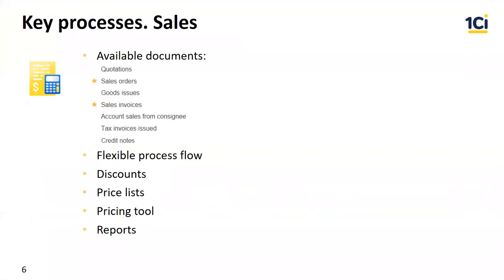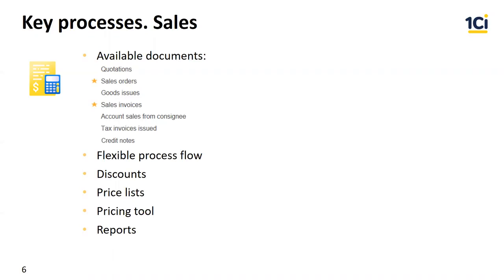Here we see the list of documents that we can use. Those are quotations, sales orders, goods issues to dispatch goods, sales invoices, account sales from consignees that support consignment sales, tax invoices for VAT invoices, credit notes. It is important to know that OneSuite offers us a very flexible process flow.